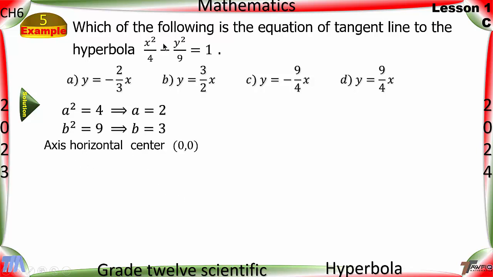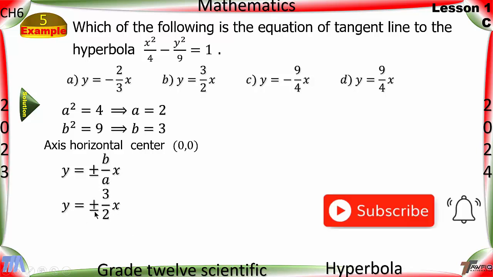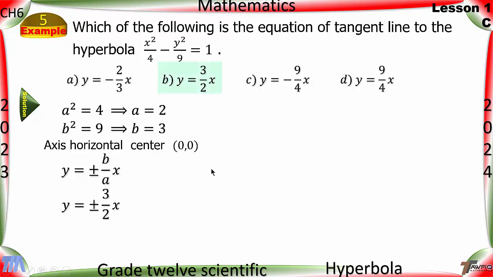Because the sign of x squared is positive, the focal axis is horizontal. The equation of the line is y equals plus or minus b over a x, so y equals plus or minus 3 over 2 x. That means B is the correct answer.